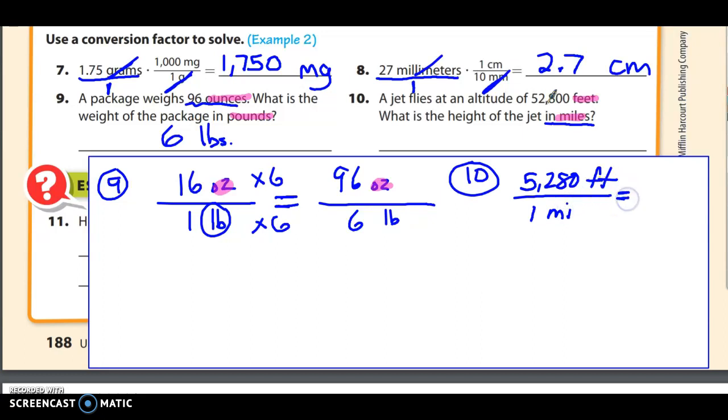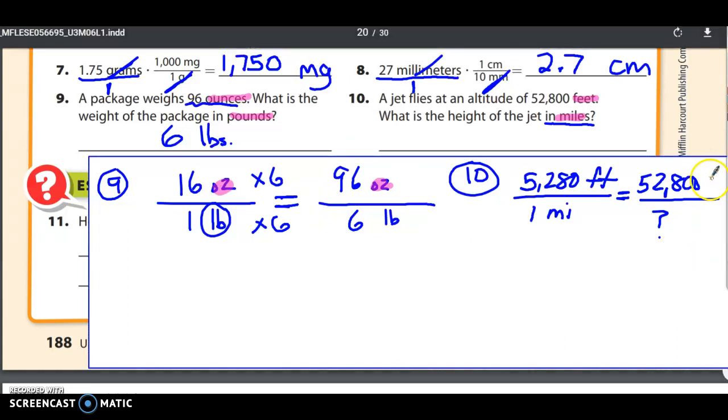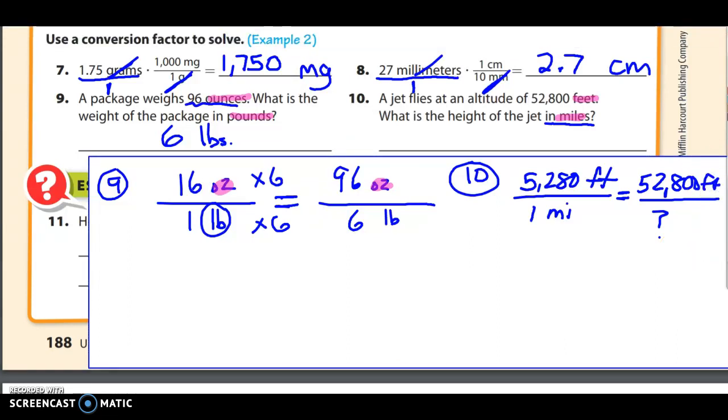And this problem's asking us about 52,800 feet, an unknown number of miles. And you should recognize that it's all the same digits, except this is 1 digit longer. It's just an extra 0, which means it's multiplied by 10, which means this is multiplied by 10. 1 mile times 10 is 10 miles. That's the answer, 10 miles.